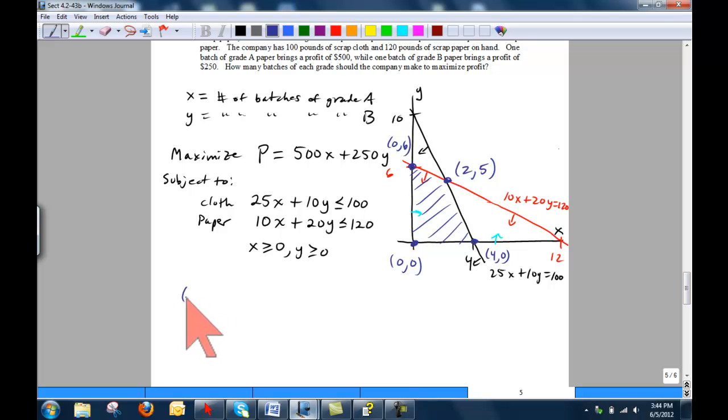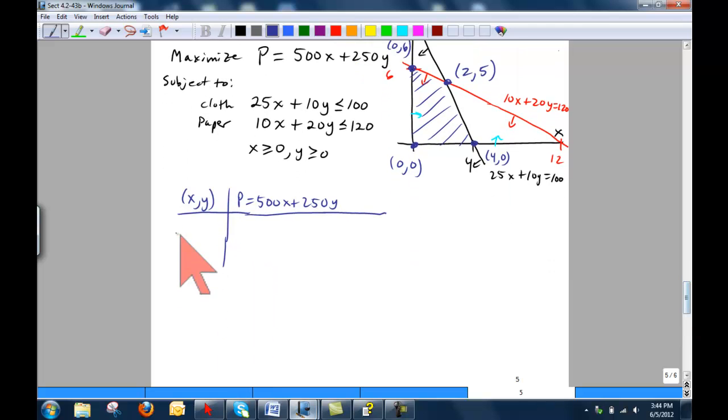So as we did in the previous example, now let's make a chart with the coordinates of each corner point and the value of the profit function at each of those coordinates. So our corner points are listed here.